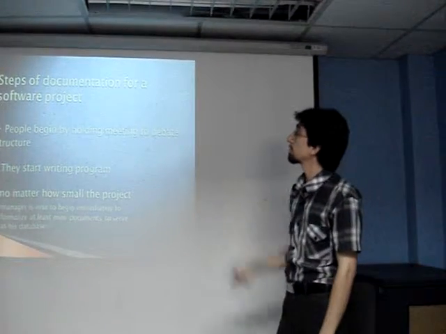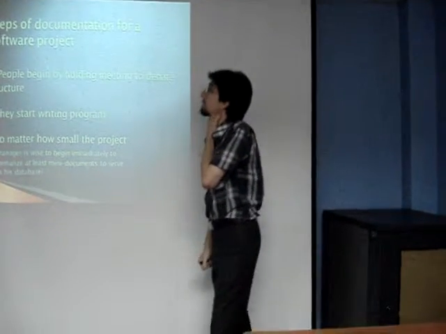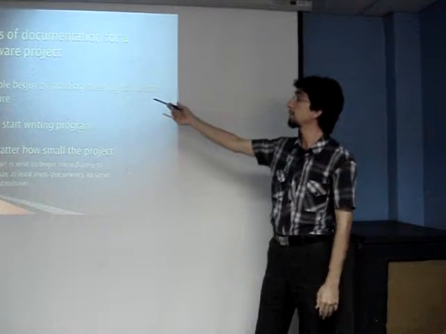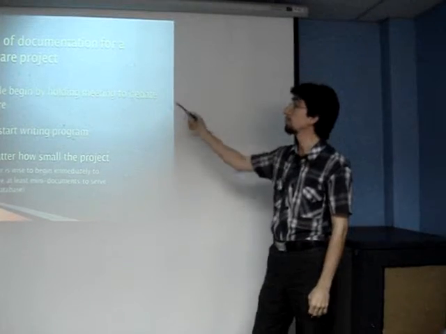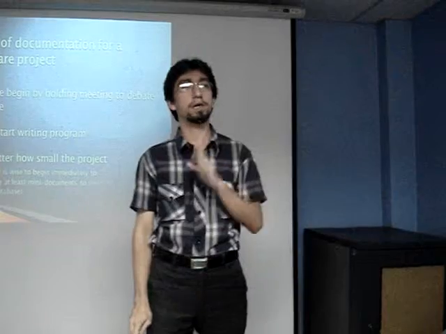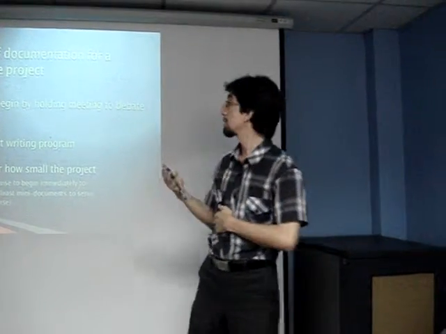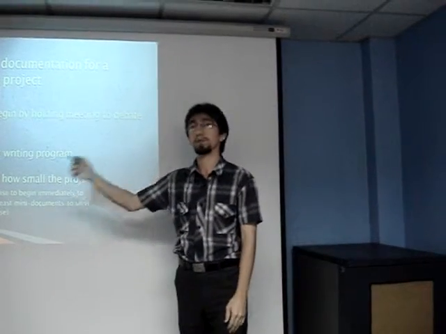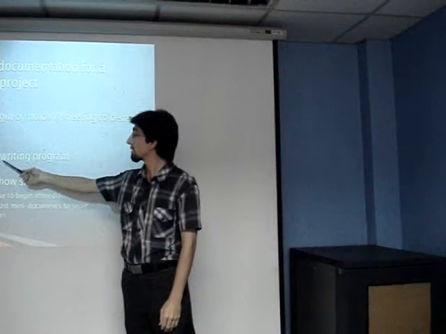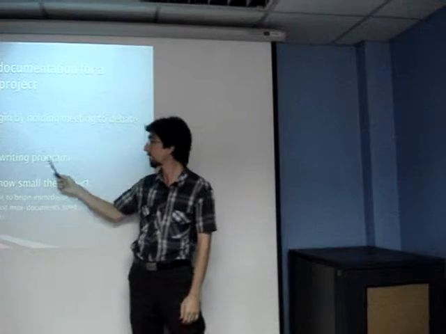Steps of documentation for a software project. We have three steps of documentation for our software project. The first one is that people begin by holding a meeting to debate structure. The first thing that we should do in our documentation is have a meeting, and in that meeting debate the structure and decisions that we want to make. The second step is they start writing the program. After the meeting and debate about the structure, we should write the program.